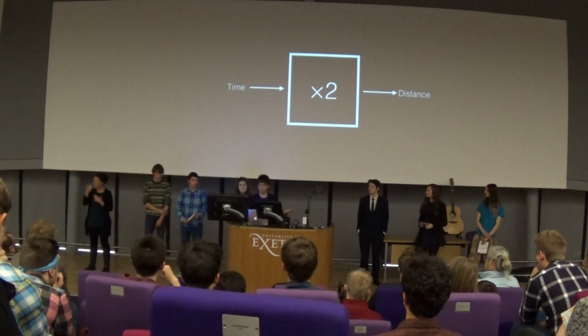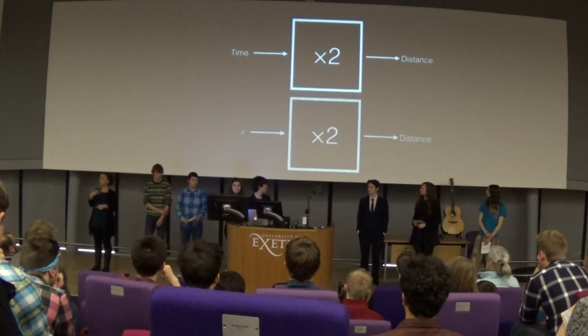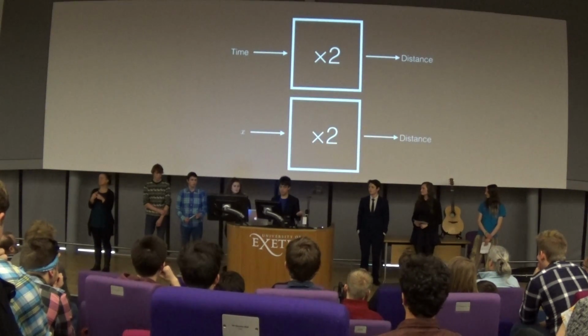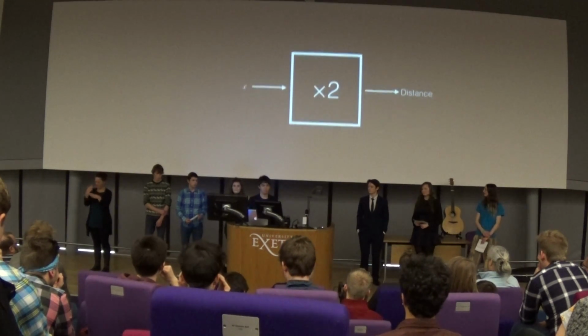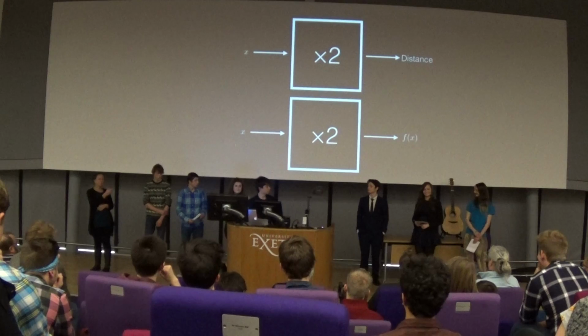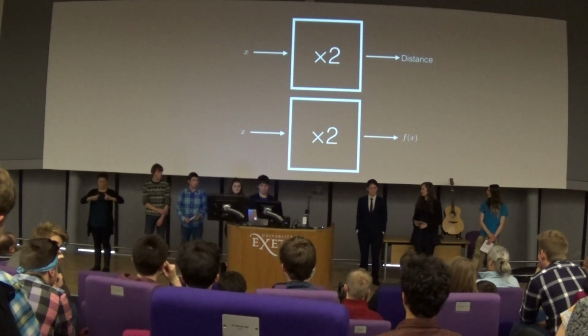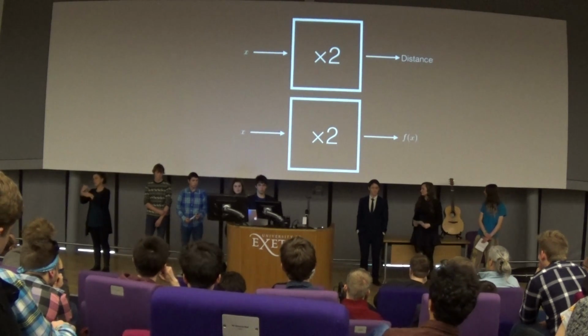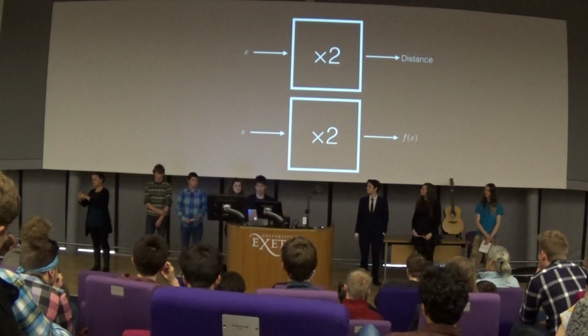Now, let's say I don't know what my point in time is. It's completely random. So I'm going to call it x. As Hannah said earlier, distance is a function of time, which in this case is x. So I can write that like this. Now, what our bottom machine here is showing is that our function of x is always double x. But if I wanted to show that every time, drawing that out is going to get a bit repetitive and annoying.